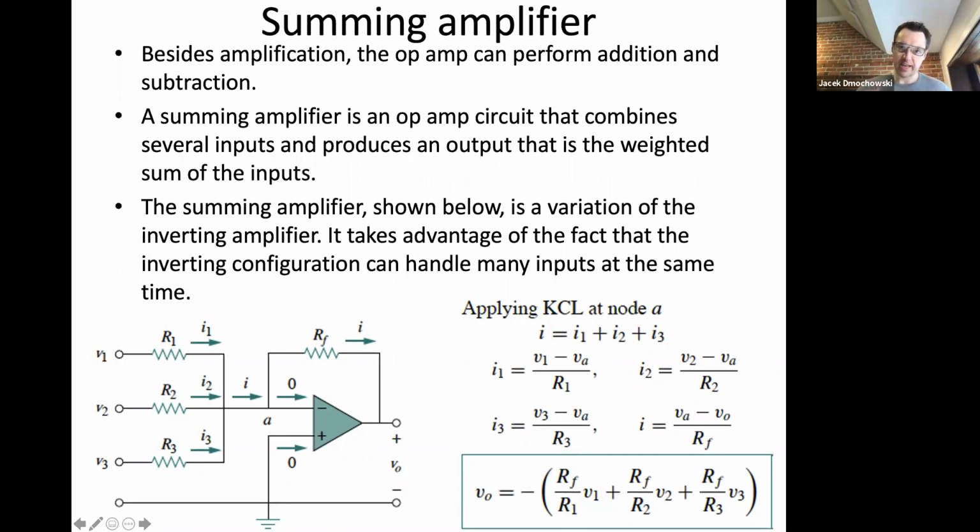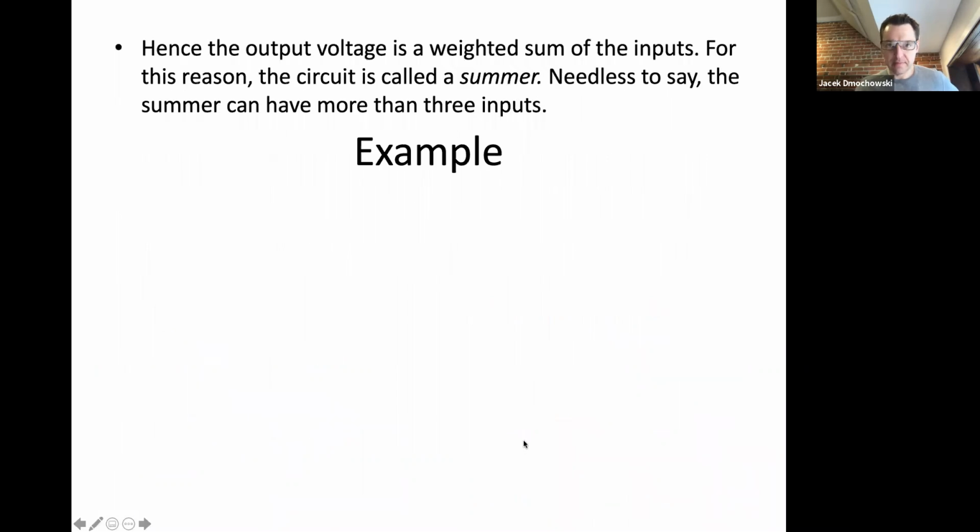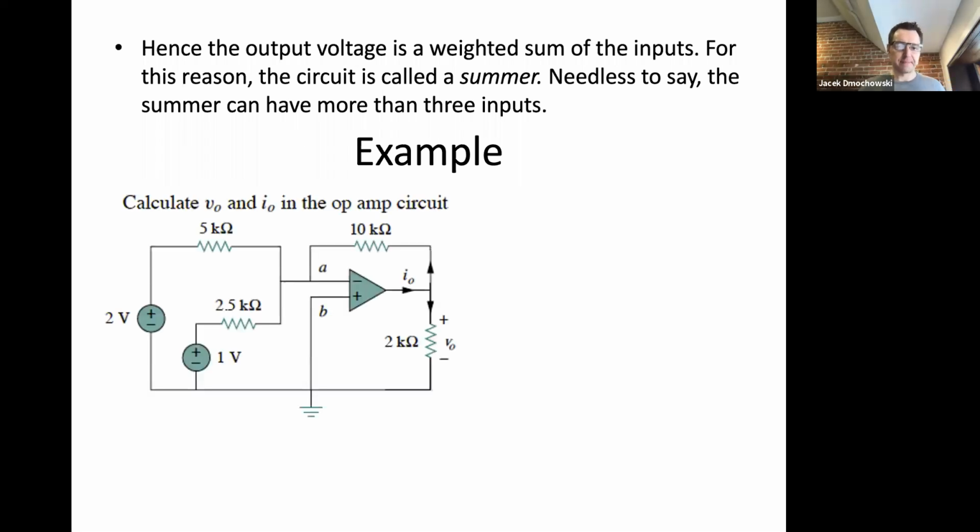So basically, this is like a superposition of inverters, which makes sense because all three voltages are applied at the inverting input. It's as if we applied an inverter to V1, an inverter to V2, an inverter to V3, and then added all the outputs up. So a summer can have as many inputs as you want. It can have 2, it can have 10. It's not limited to just 3.